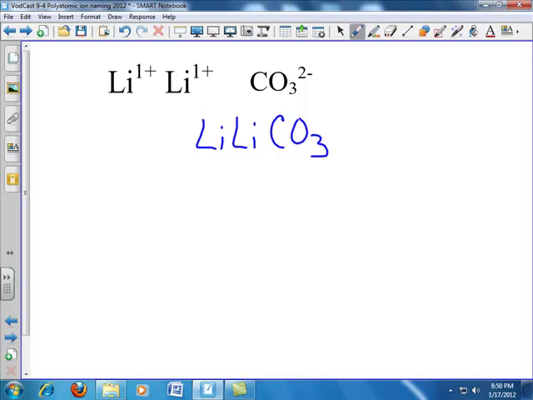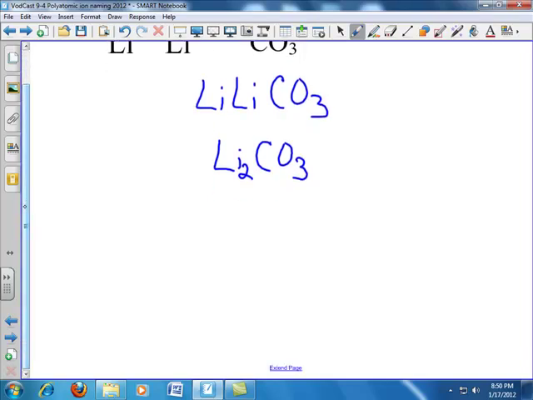That just wouldn't make sense. So I write this as Li sub 2 CO3, because that little 2 means I have 2 Li's. And lithium is one of our elements that does not require a Roman numeral. So this would just be lithium carbonate.